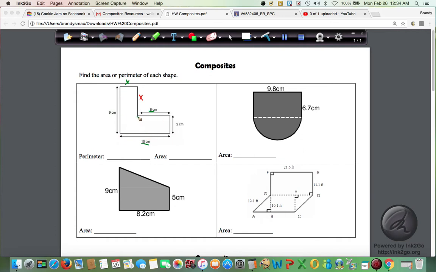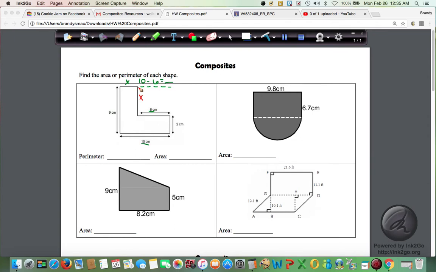Well, I know 6 centimeters of this top piece. You could kind of put it right here, and that would be 6. But what do I need for the entire 10? So you're going to have to say 10 minus 6. And that'll give you your answer for this piece.